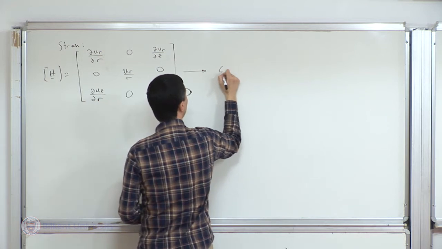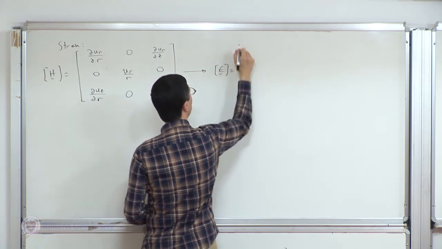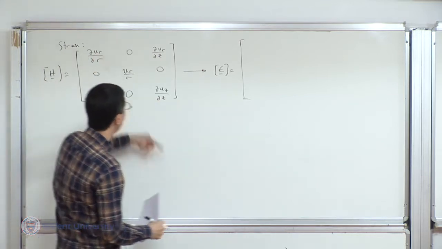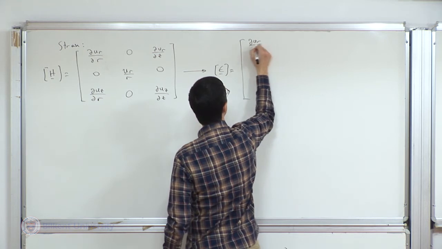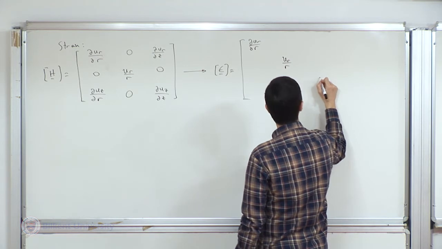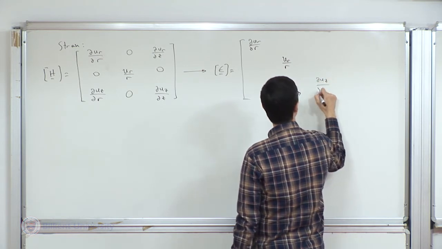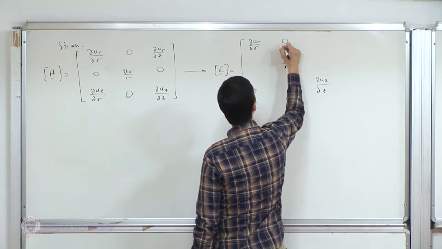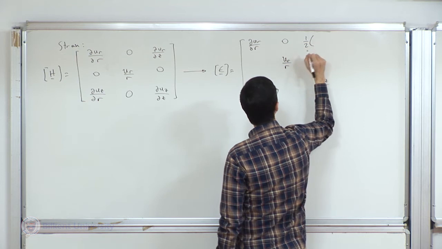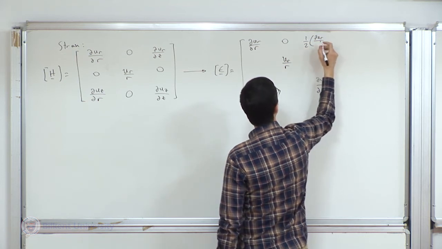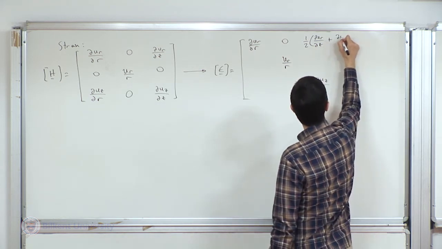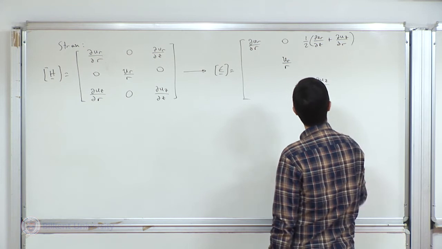And then we can calculate the strain. The strain is that plus its transpose over 2. So the diagonal, of course, remains as it is, del ur del r, ur over r, and del uz over del z. And this one is 0. This component is 1/2 of del ur over del z plus del uz over del r.